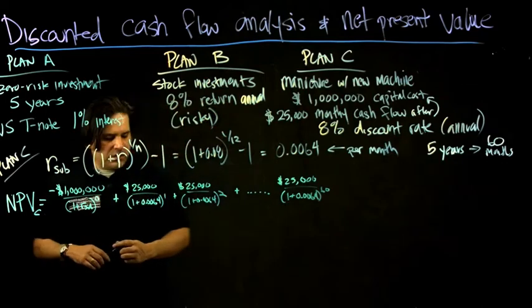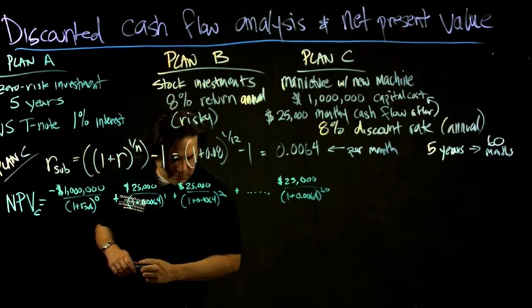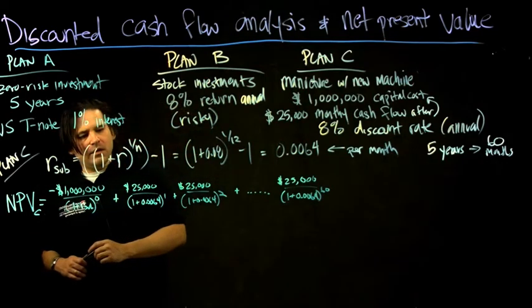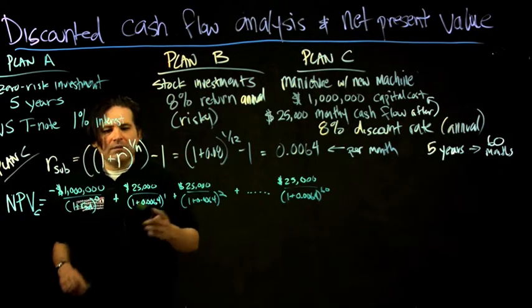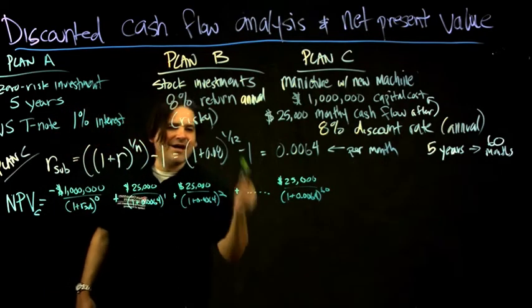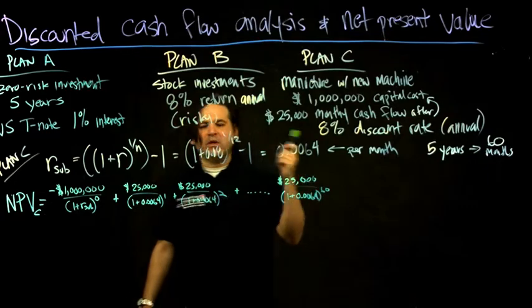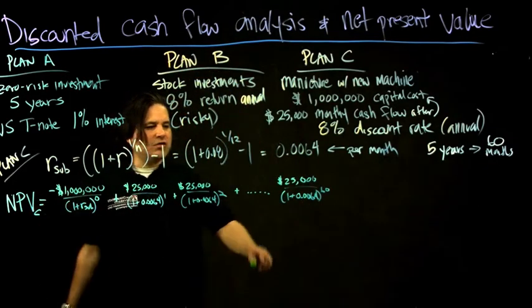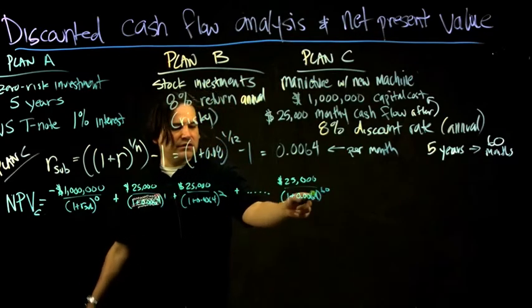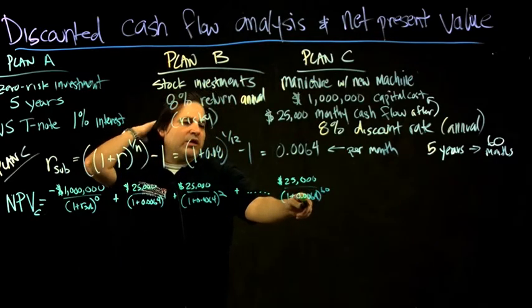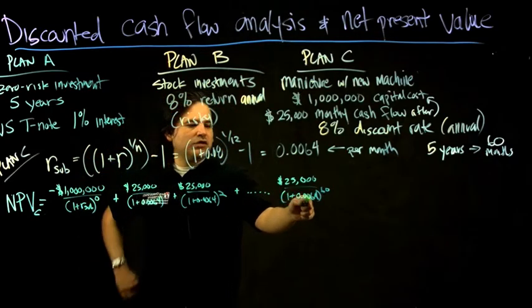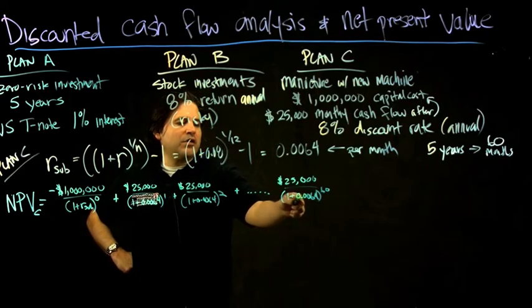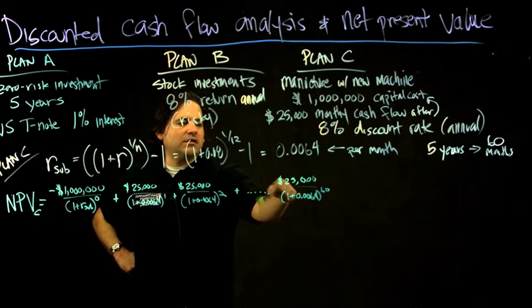And so what we noticed here, I didn't write it down, but over time, the $25,000 that you'll get in the future, the present value is less than $25,000. So this number is greater than 1. So you're dividing by a number greater than 1. So this number is the quotient.